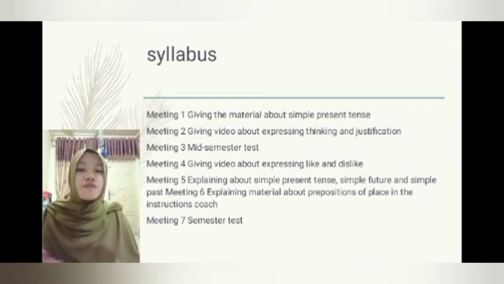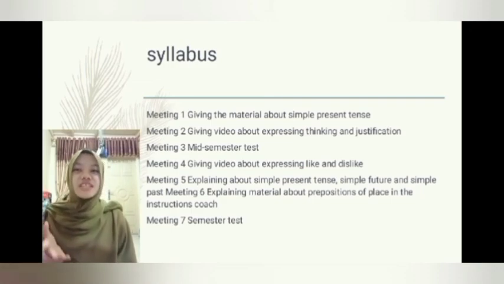In meeting 4, a video about expressing likes and dislikes. In meeting 5, the teacher explains the simple present tense, simple future, and simple past tense. In meeting 6, the teacher explains prepositions of place in coach instructions. And in meeting 7 is the semester test or evaluation.